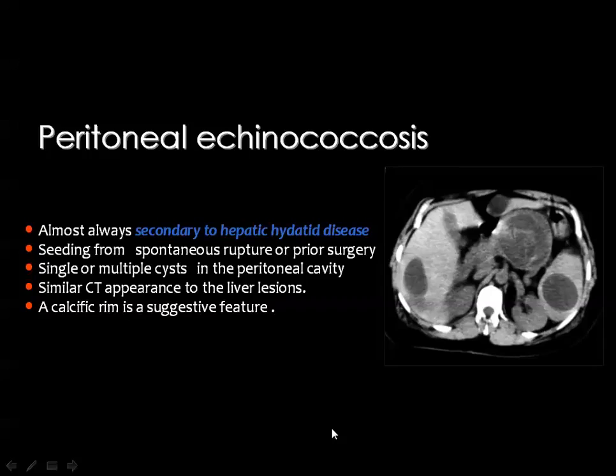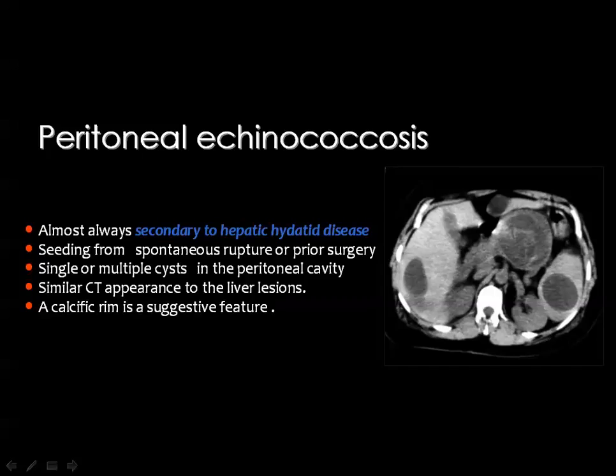Then you know that hydatid disease can affect the liver. I have explained this in detail in the lecture of hepatic imaging, and it can also affect the pancreas and the spleen, and I gave some hints about this in the splenic imaging lecture. Sometimes this hydatid disease can occur in the peritoneum.